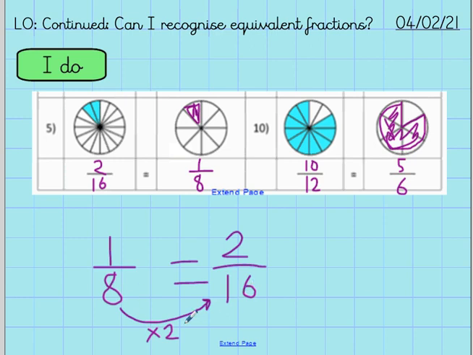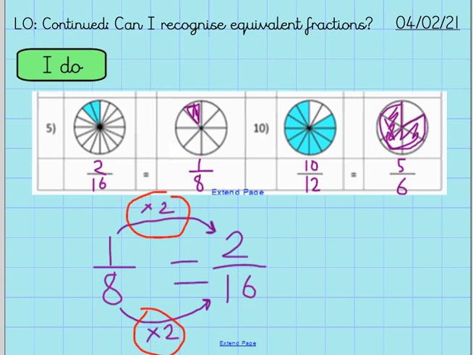Now if we've done that to the bottom, then we need to do that to the numerator too. So we've done it to the denominator. Does that work? 1 times 2 equals 2. So the important part is we have to do the same to the numerator and the denominator every single time. So whatever we do to the numerator, we have to do to the denominator, or the other way around.